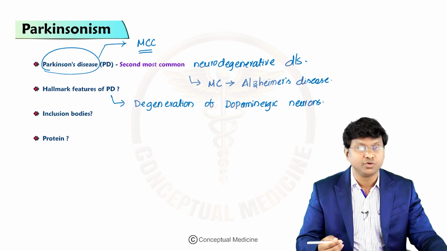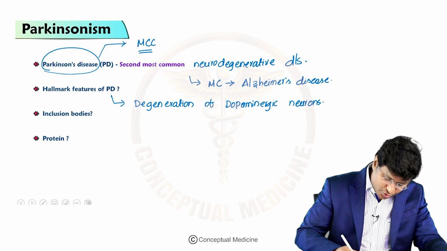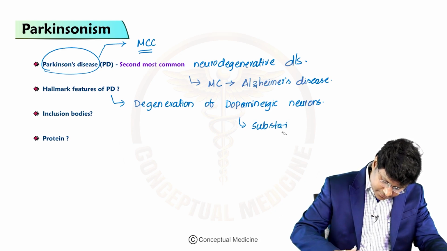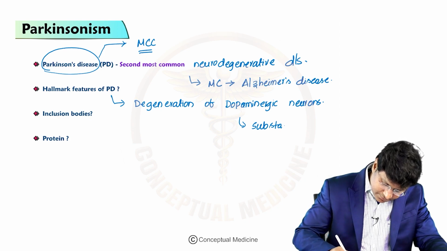And where are these dopaminergic neurons present? These dopaminergic neurons are present within the substantia nigra.